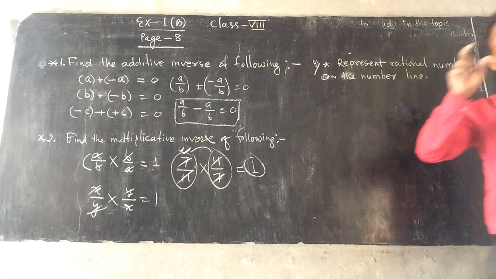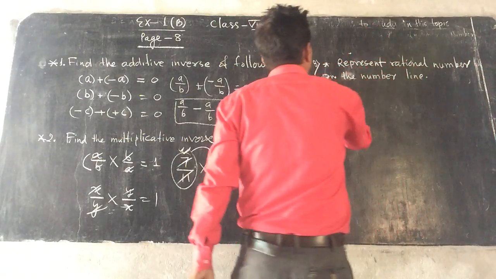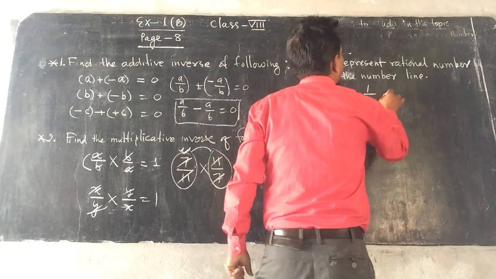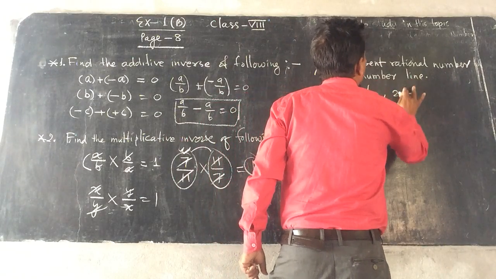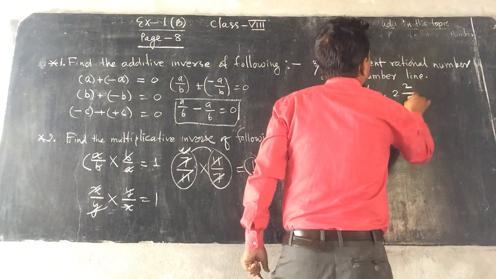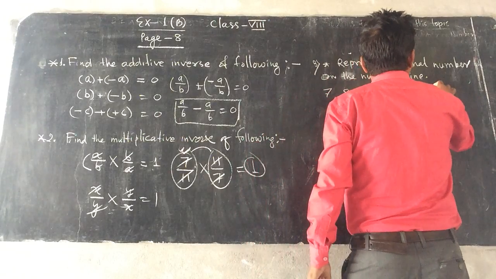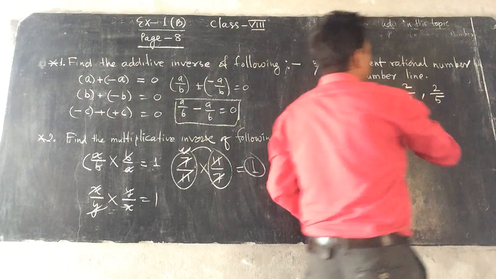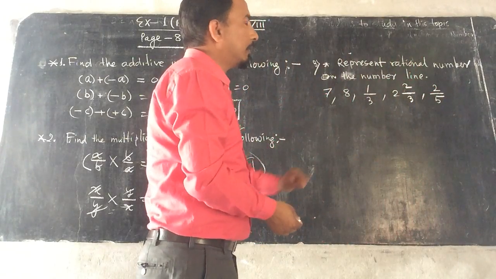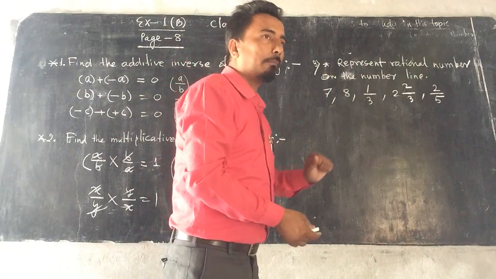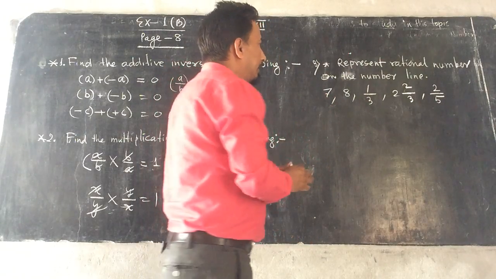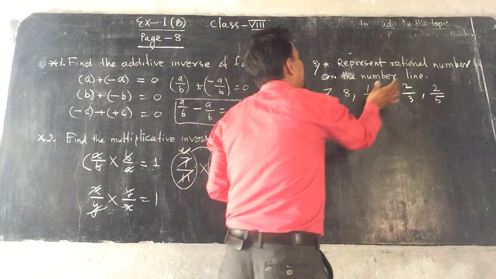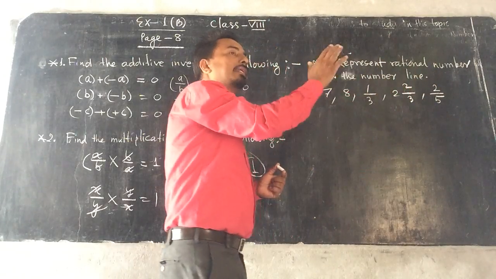If the rational numbers are given like you see here, 7, 8, 1 by 3, 1 by 2, 2 by 3, 2 by 5. Are they rational numbers? Yes, sir. Now we will learn how to represent these rational numbers on a number line.